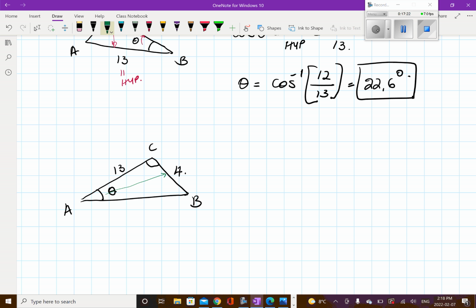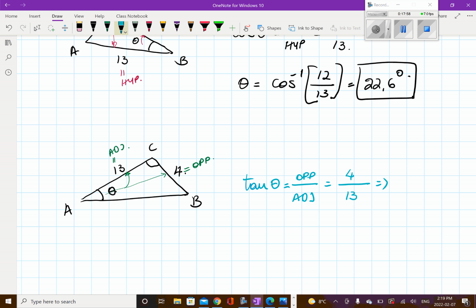Since this 4 is opposite to the asking angle, this will be the opposite, and the other side will be adjacent. So when we ask what is that trig ratio that relates the opposite and adjacent, it is tangent. So tangent theta will be opposite over adjacent, or opposite 4 over adjacent 13.